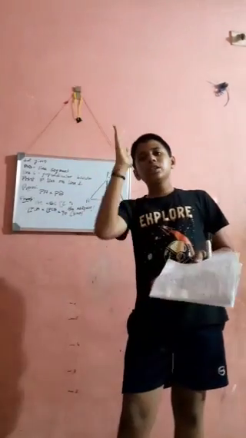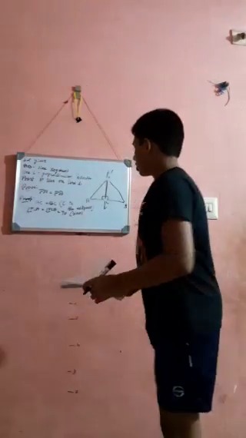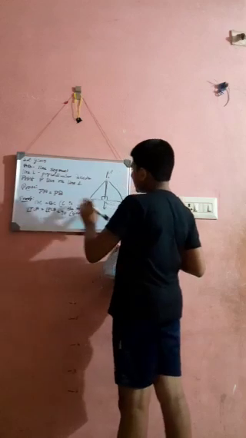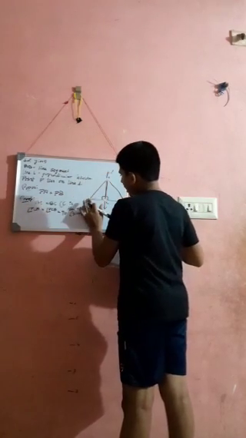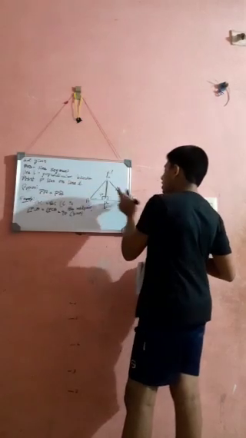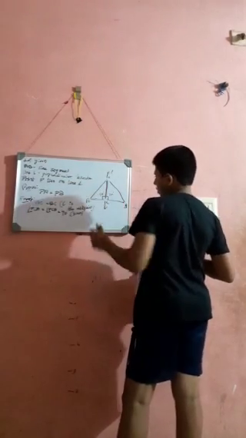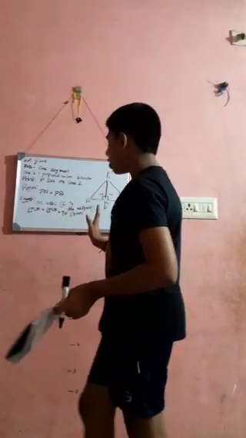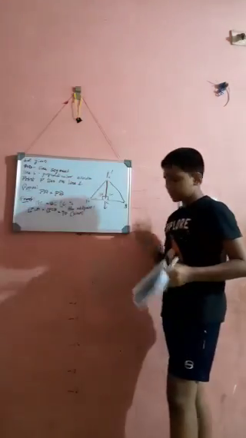Perpendicular means the straight line. Here 90 degrees, here as well 90 degrees. So angle PCA is also 90 degrees, PCB also 90 degrees. So PCA is equal to PCB is equal to 90 degrees, which is given.